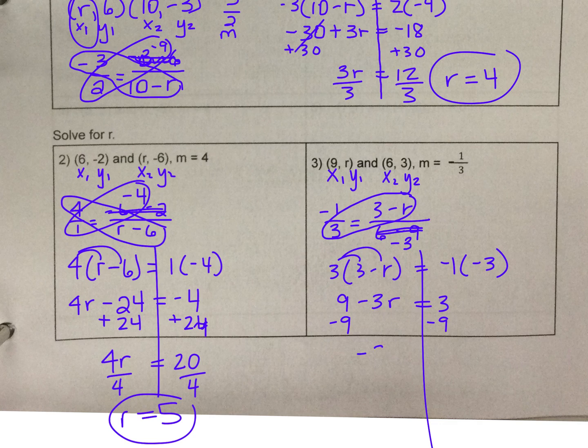I'm going to subtract 9. 3r equals -6. Divide by -3. r is 2.